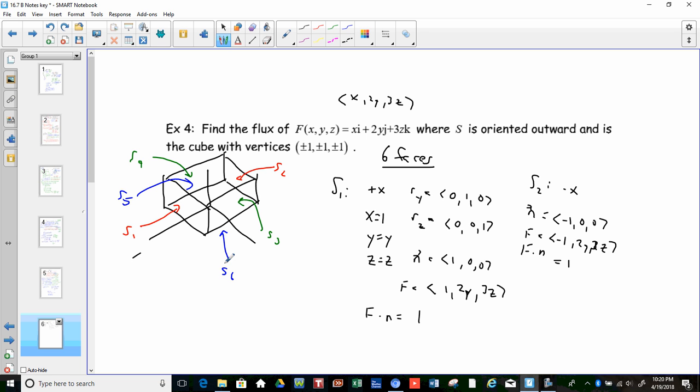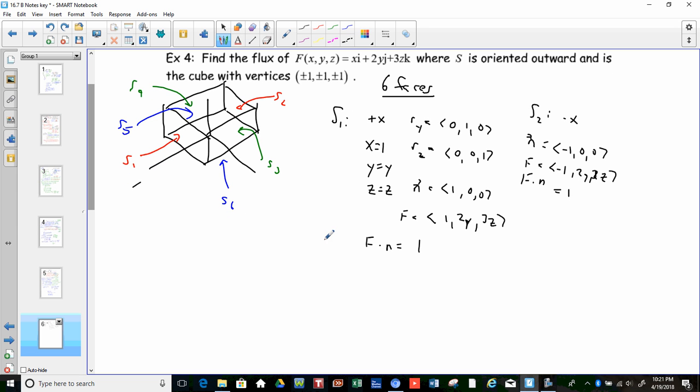All right, so let's take a look then at S3. So if I look at S3, well, that's this face right here. It's in the positive y direction. And in this case, y is going to be held constant because y is always 1 here. So we're going to get that x equals x.